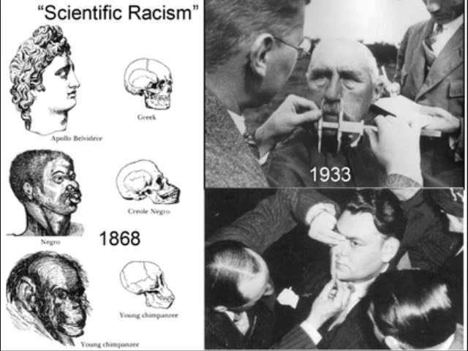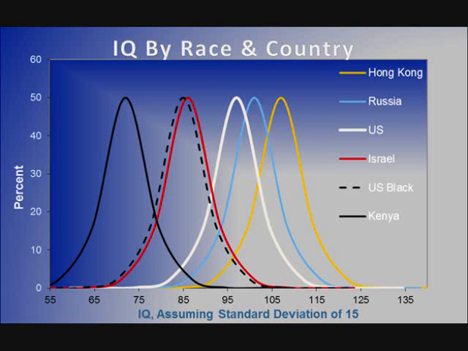Scientific racism has supported all of these bell curve claims, and some of this has gone on even back as far as 1868, 1933, where you had people looking at the sizes of people's noses and their brain circumference.